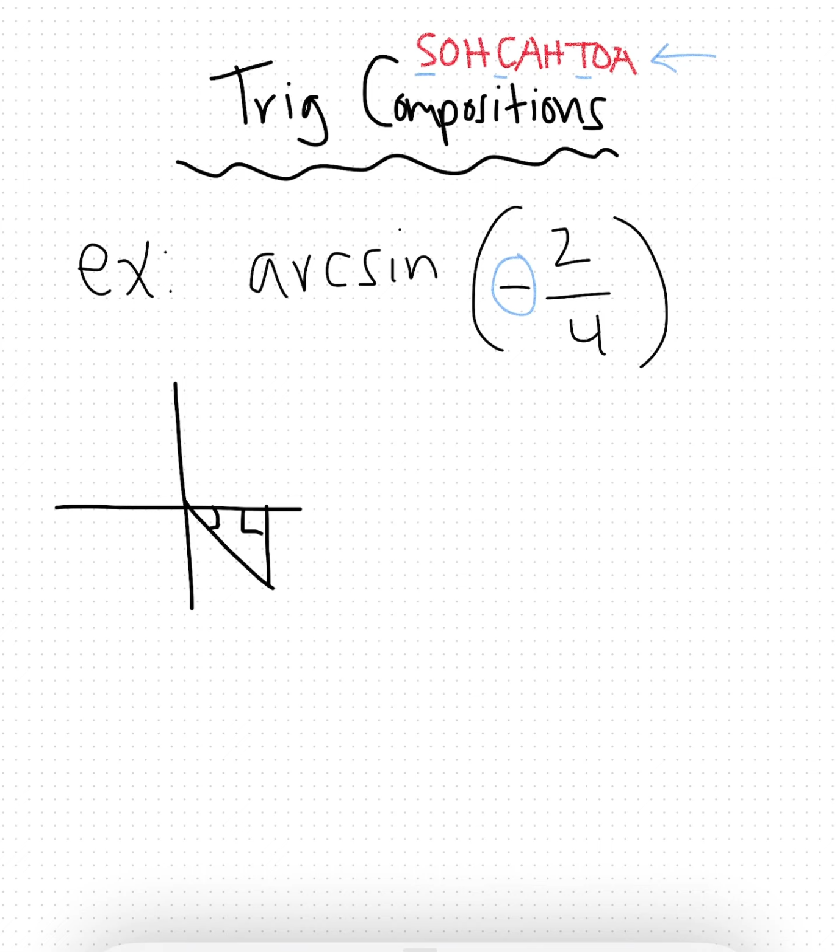So that means sine is opposite over hypotenuse. So it will look like this. And I'm not labeling 2 as negative because it should be understood that it's negative, as you can see from the placement in the graph, because it's in the 4th quadrant and it's going down. And this will be how the triangle will look.